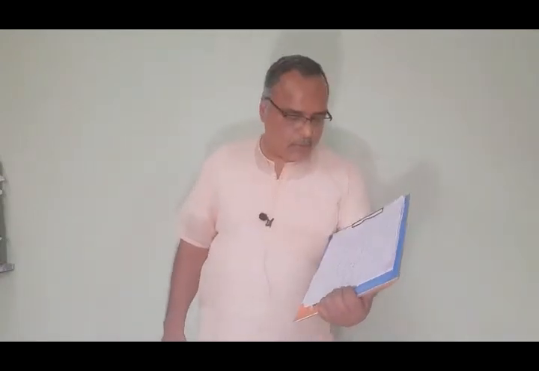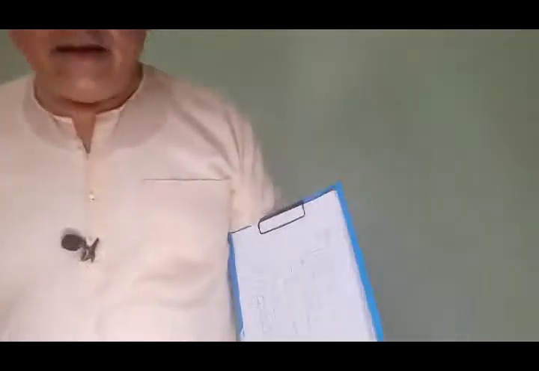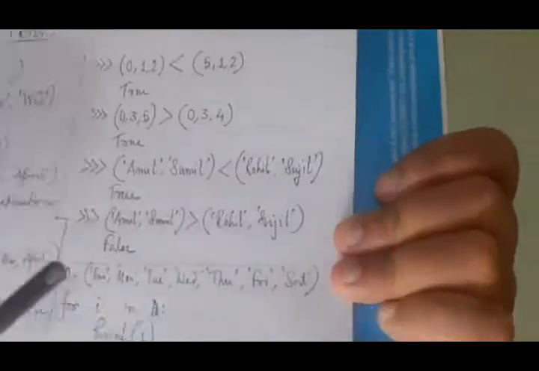Okay. Well, how to print each value in turn? This is called traversing. Here also traversal works the same way.